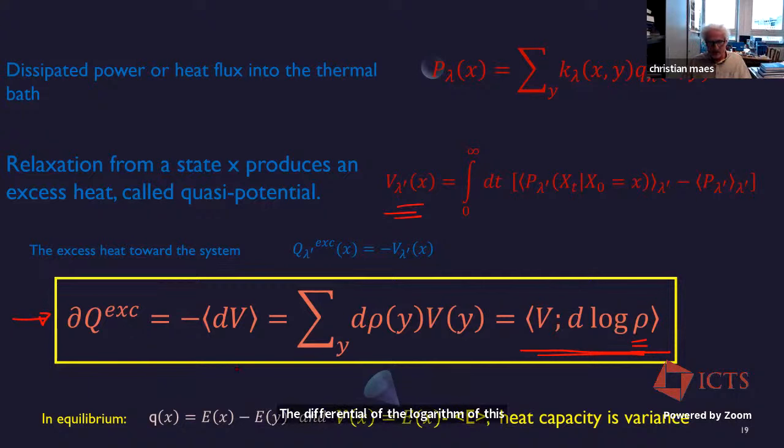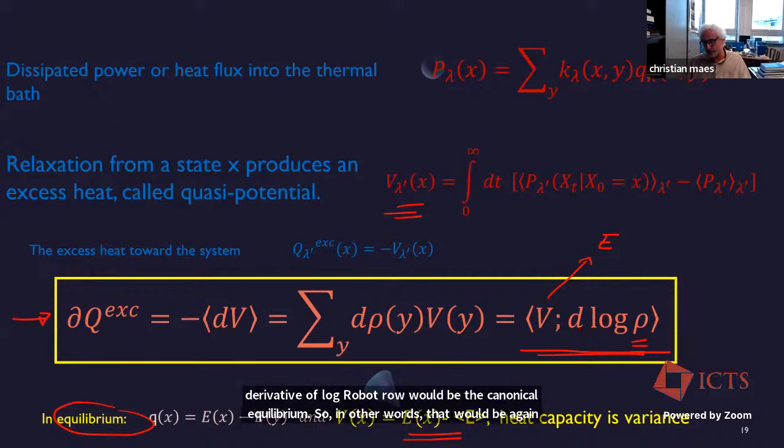By the way, just to see what happens in equilibrium, in equilibrium this quasi-potential is basically the energy minus its average energy. But this is a covariance, so the average will not matter. So in equilibrium, this will be the energy. And for the derivative of log rho, rho would be the canonical equilibrium distribution. So that would again be related to the energy: take a derivative with respect to beta, for example, and that will give you an energy again.